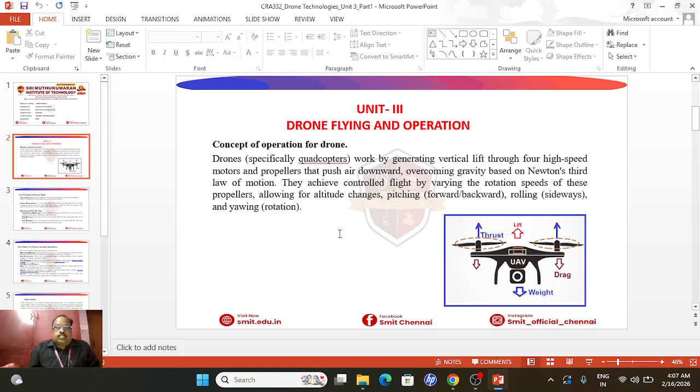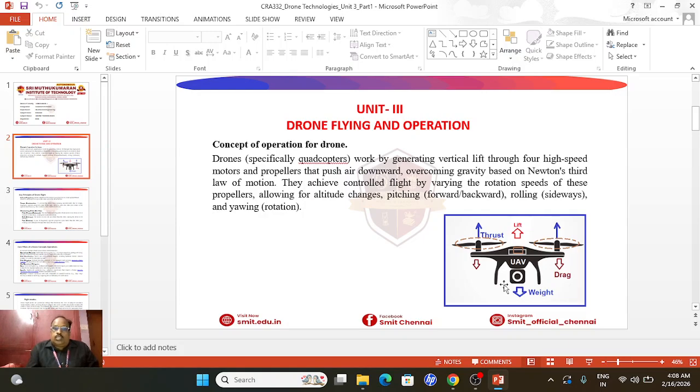So today we'll discuss Unit 3, drone flying and operation. Here is the concept of operation for a drone. Drones, specifically quadcopters, work by generating a vertical lift through four high-speed motors and propellers that push air downward, overcoming gravity based on Newton's third law of motion.